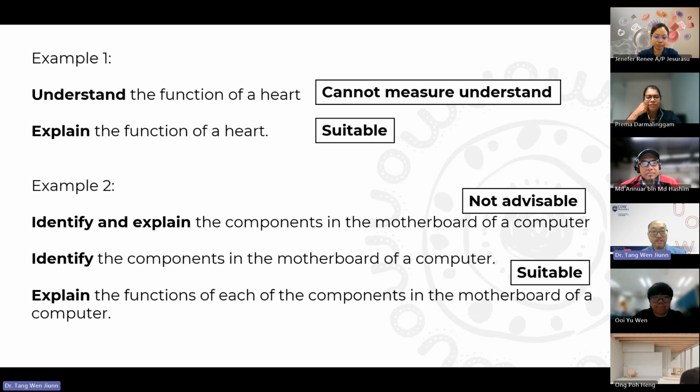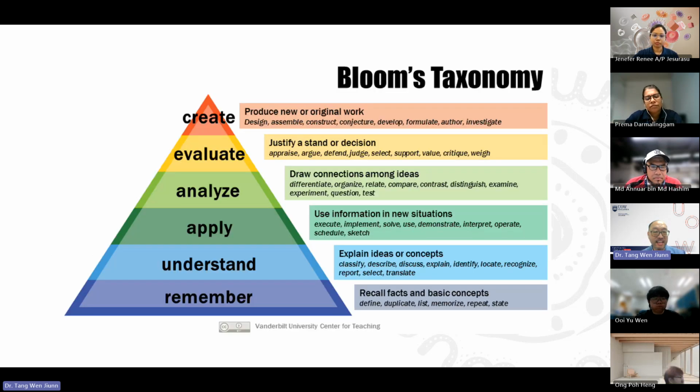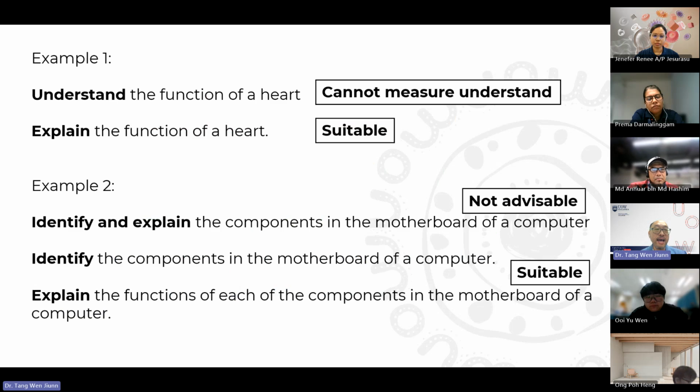If you see this in your documents, make sure you change it. Understand has levels, like what we have over here. These are the levels of understanding. So when we say understand the function of a heart, what do you expect the students to understand? Is it identify the components in the heart or explain the function of the heart?